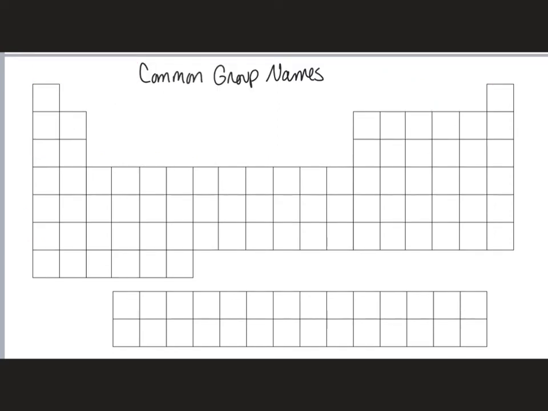So certain groups have common names. This would be our alkali metals. Okay. The next group, in other words, all the way down here, this next group is referred to as alkaline earth metals.